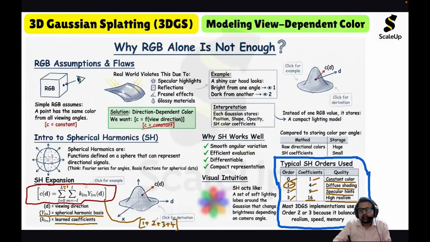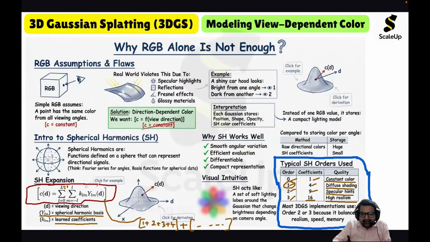Then the outer summation will become 1. So when small l becomes 1, m will be from -1 to 1. So now it will be 3 times: for -1, then for 0, then 1. And that sum we will do. Finally, we add all this and we will get the color, the direction dependent color.